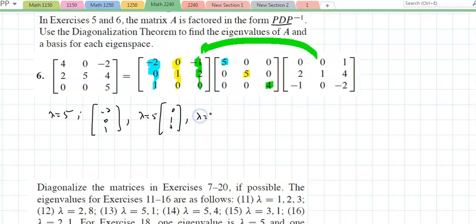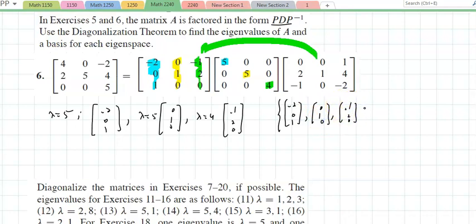And we know that lambda equal 4 corresponds to negative 1, 2, 0. And those will form the basis for the eigenspace.